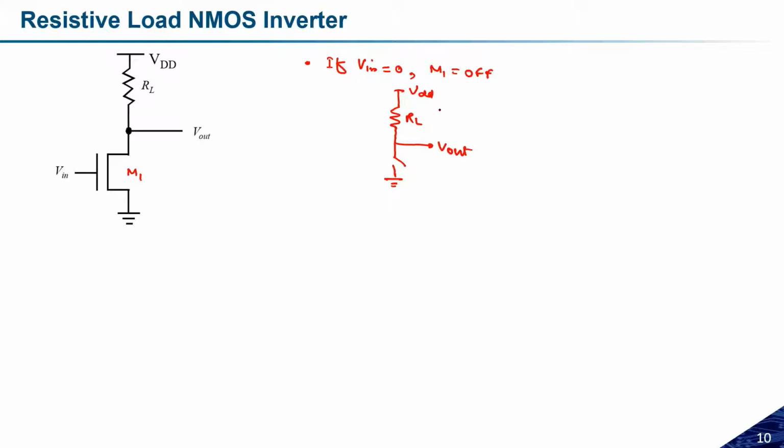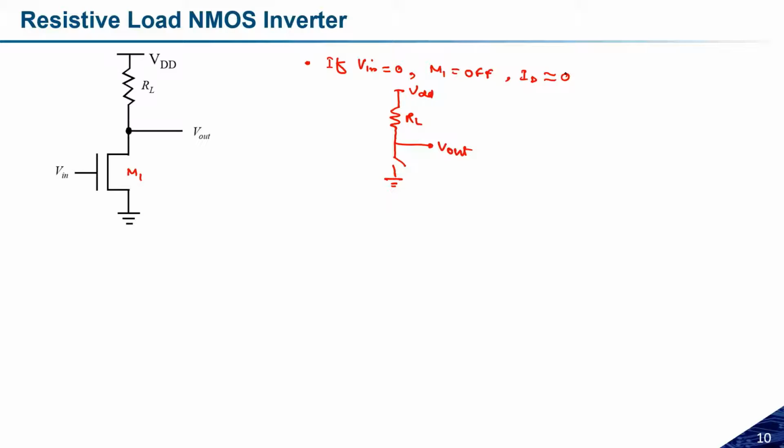Because transistor M1 is in the cutoff region, I'm assuming that the current flowing through the device will be equal to 0. So because this transistor is in the off state, the equivalent circuit will look like this, and the current flowing through this device will be 0.